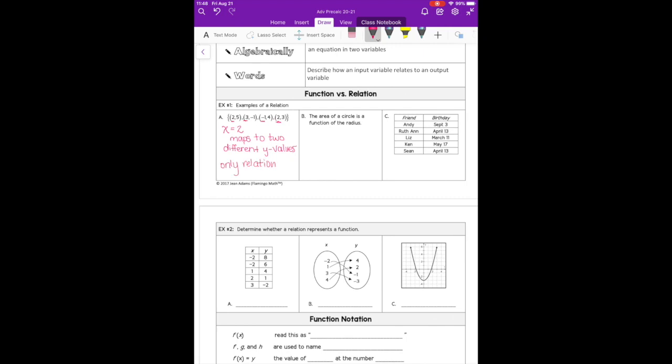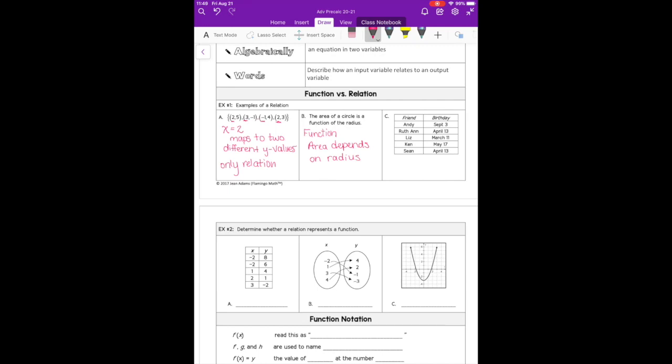Okay. All right. What about the area of a circle? It is a function because the area depends on the radius.